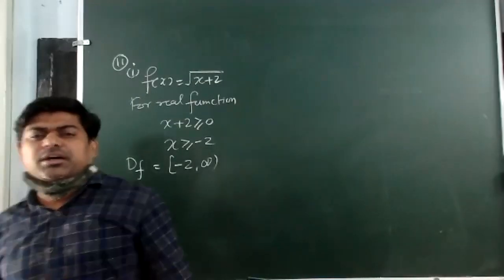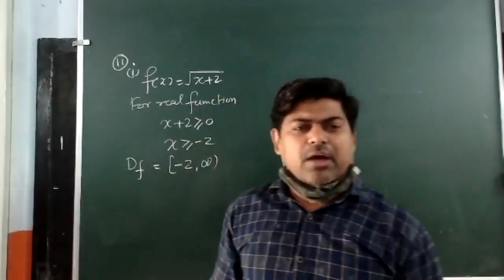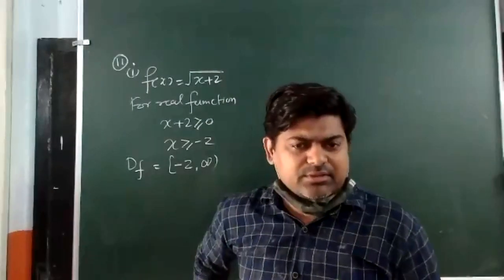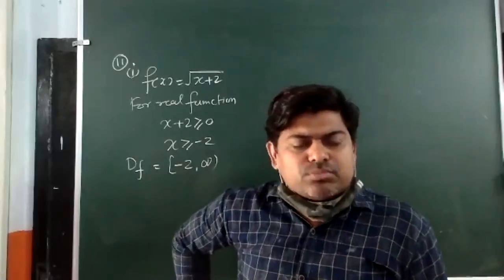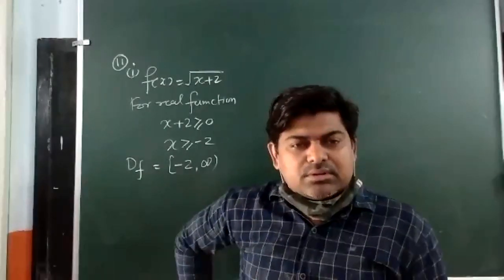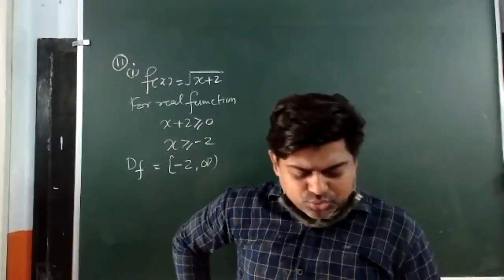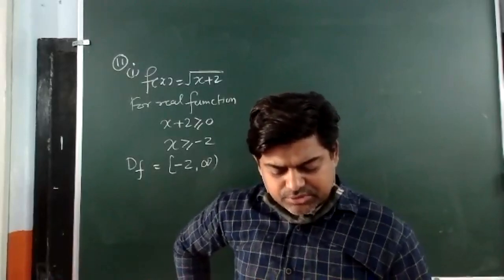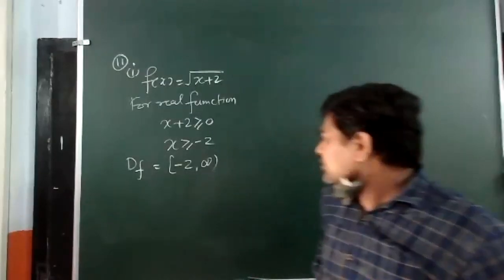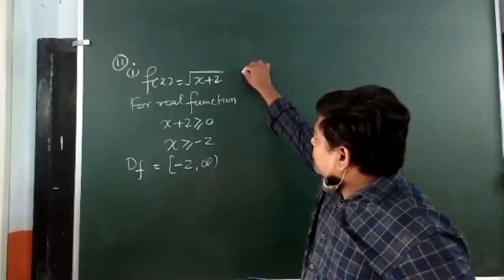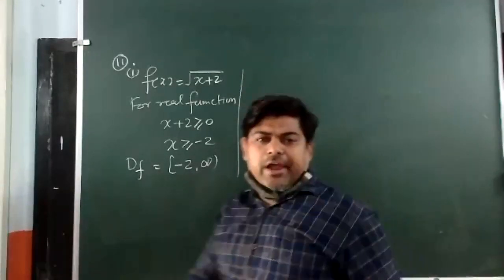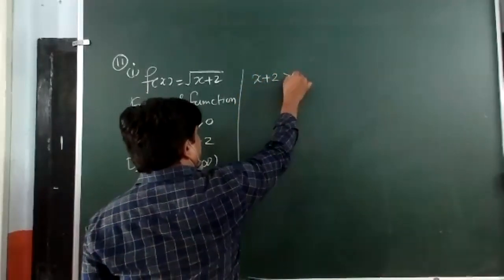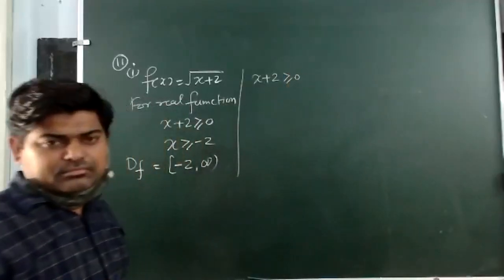I don't think it is very difficult for you people to find the domain. But think about the range. What should I do if I want to find the range? As I told you, there are two methods to do it. One is that directly we can take all these things and then write here. Now see, I took x plus 2 is greater than or equal to 0, I took or not?